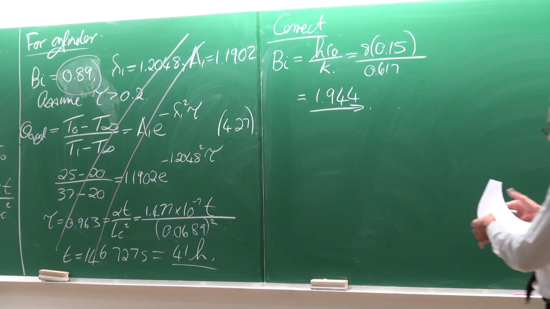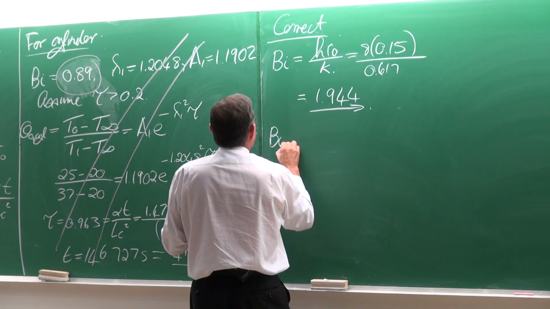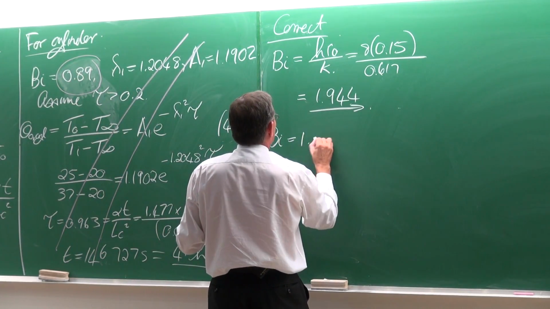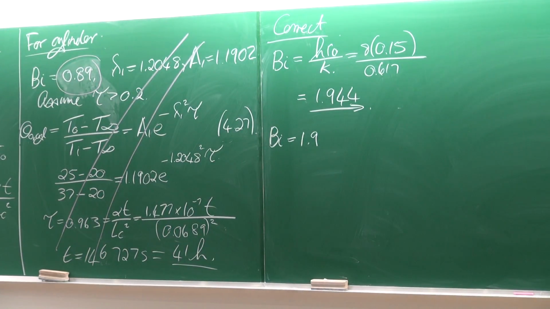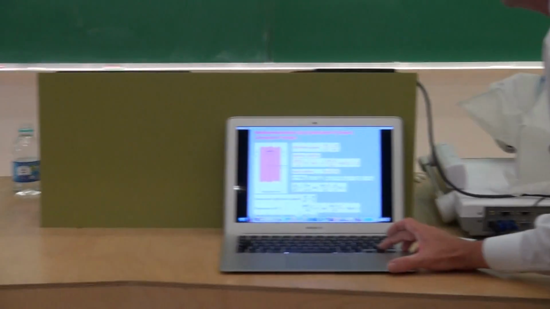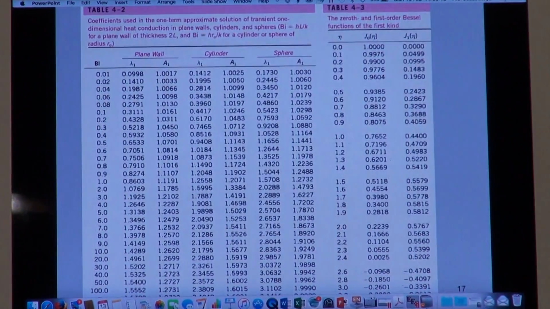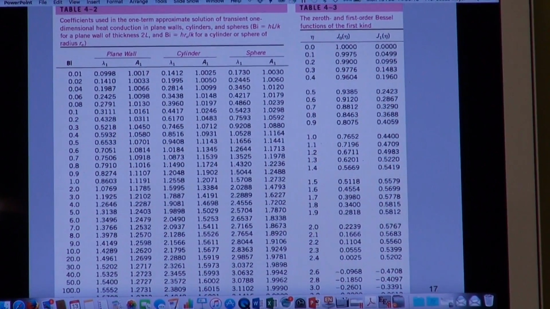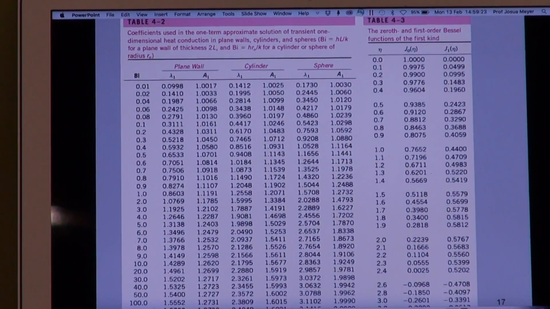If the Biot number is equal to 1.944, again, if you now go and look at the tables, I do not expect of you to go and do linear interpolation at 1.944. Let me see if we can get it quickly. There it is. You'll see there's a solution for 1 and there's a solution for 2.